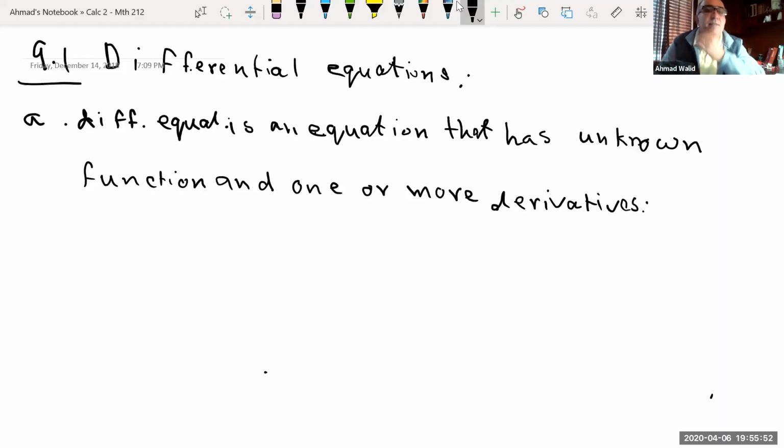Correct? That's the definition of a differential equation. A differential equation is an equation that has an unknown function in it and one or more derivatives.